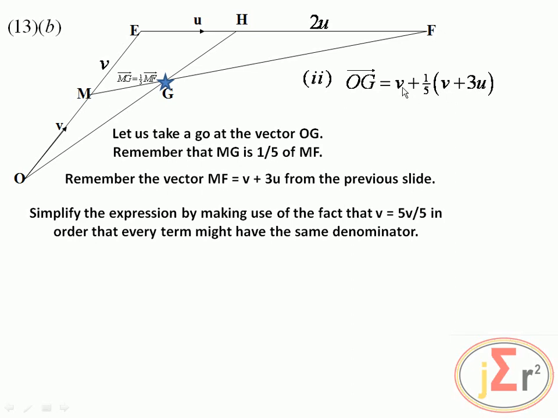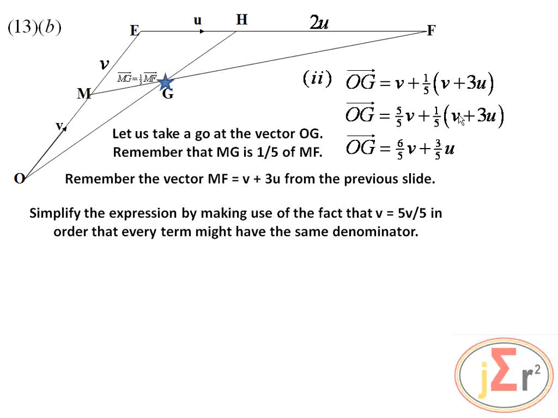Writing V as 5V over 5, all terms have the same denominator, so it will be easy to add.